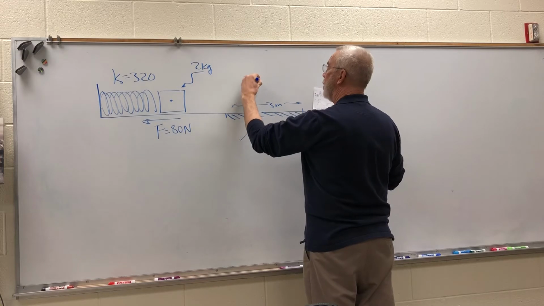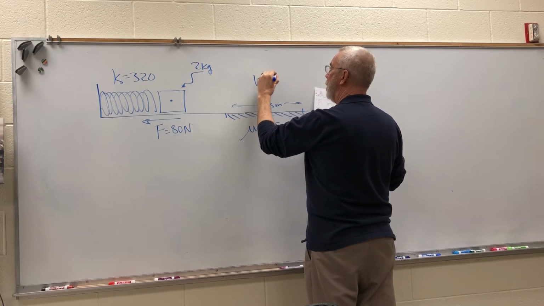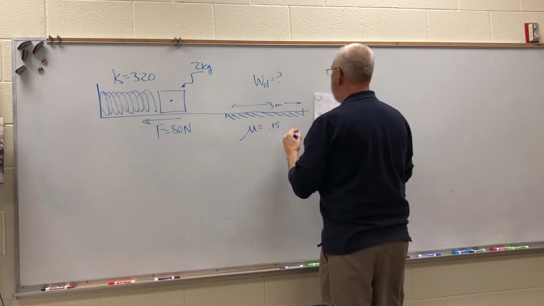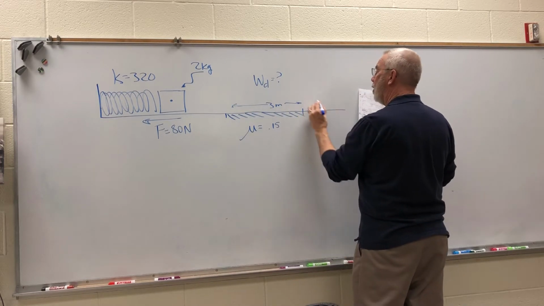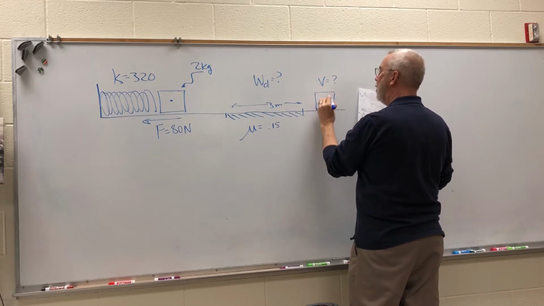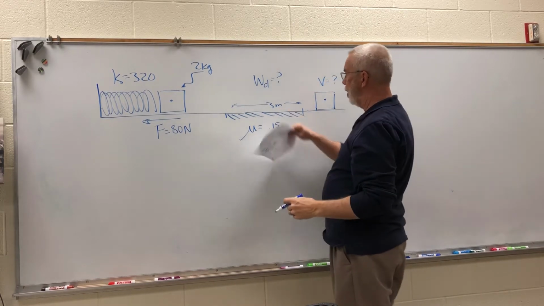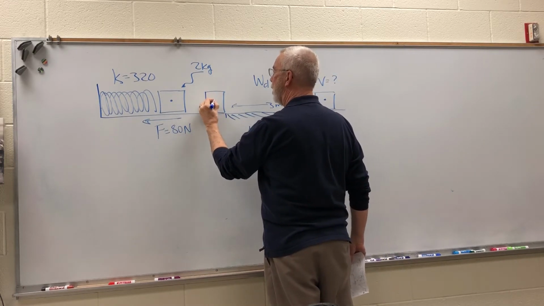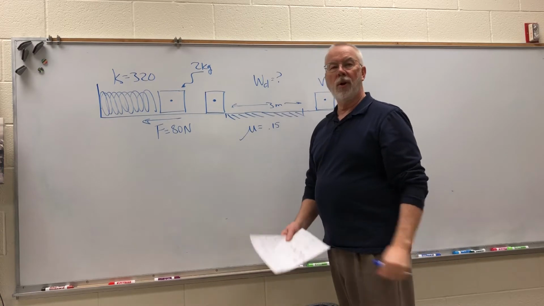And they're asking what is the work done by the friction here. And they're asking after that, what is the velocity of the block after it comes across the friction. So let's draw one more block right here like that, and we'll be ready to get started.